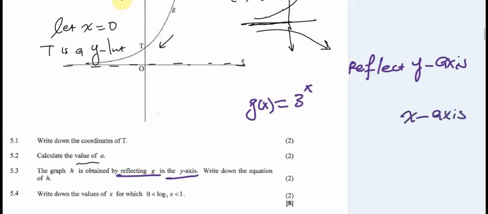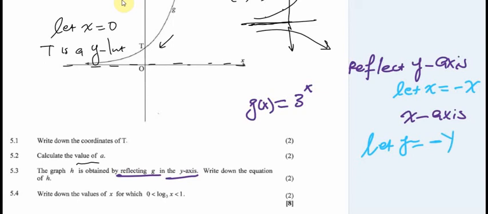So if you are reflecting about the y-axis, you let x equal negative x. When you reflect about the x-axis, you let y equal negative y.